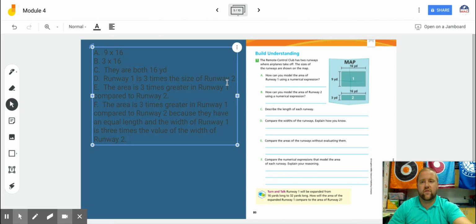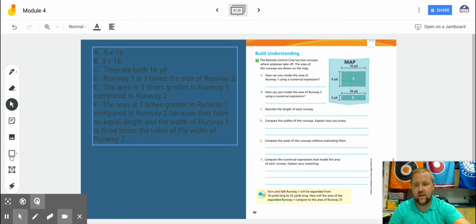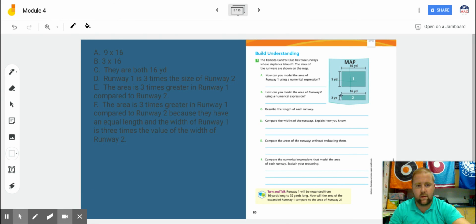All right, so this was a long process for us to really just understand that if you're looking at this picture where runway 2 is, okay, and let's say I traced runway 2, right, and I made it this size. Okay, they're saying that runway 1 is 3 of these.